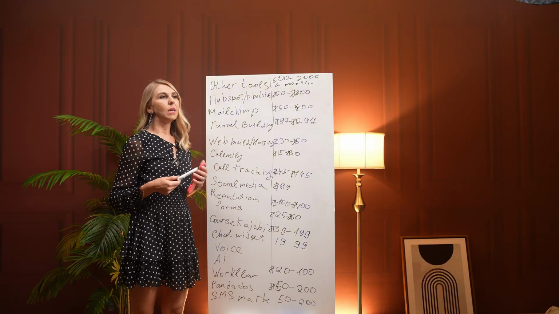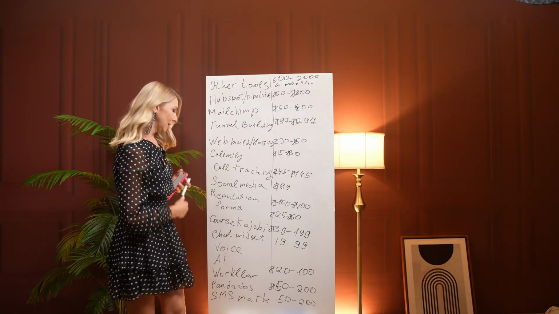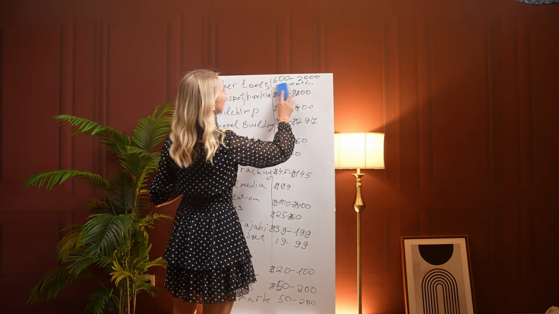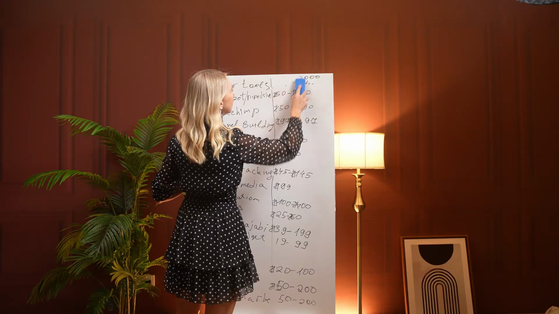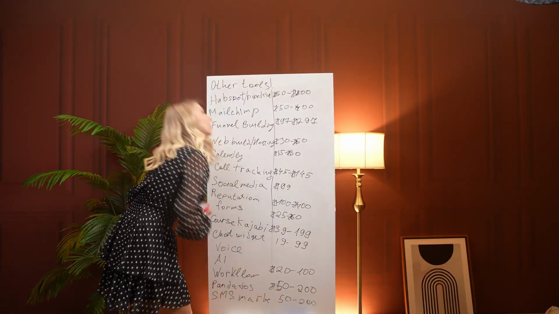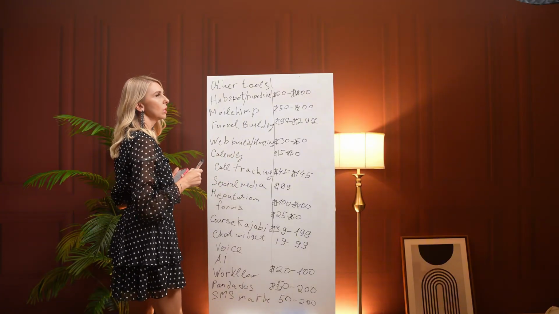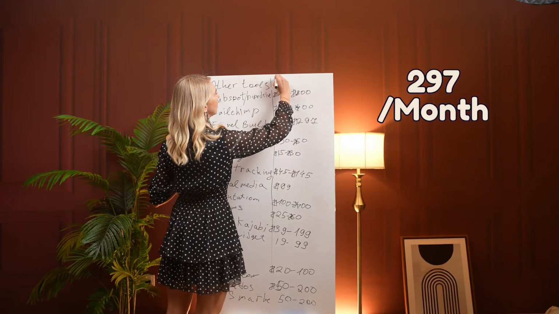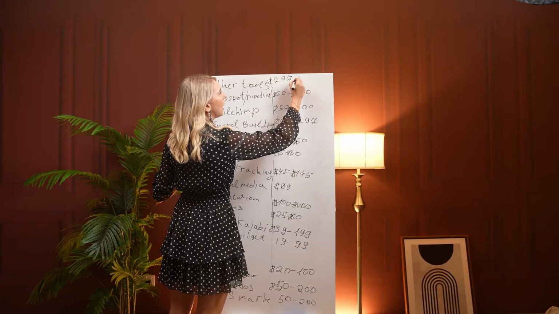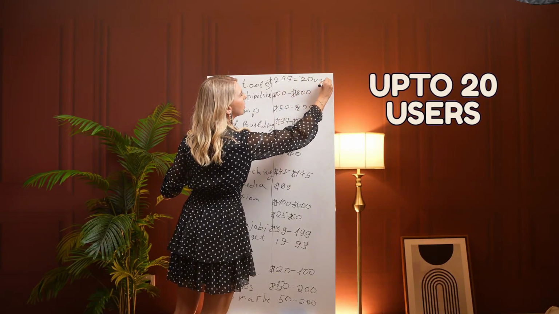If any of this is not talking to each other and something cracks in the back end, crickets, it doesn't work, you know? So what if I tell you that PulseGrowth can replace all of this at a fraction of the cost? You have different plans, and let's say our professional plan, which is $297 a month, and you get up to 20 users.